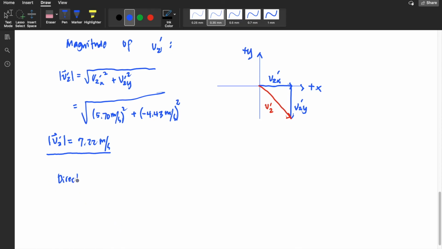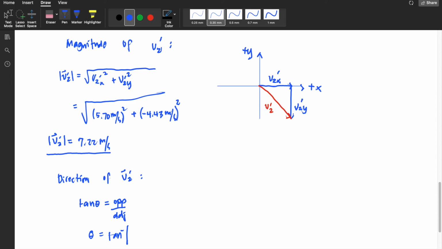So we're going to use trigonometric functions. We're going to use the tangent function for this case, wherein tangent theta is equal to opposite over adjacent. So your theta is simply equal to tan inverse.